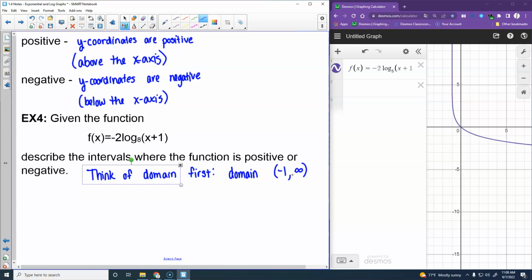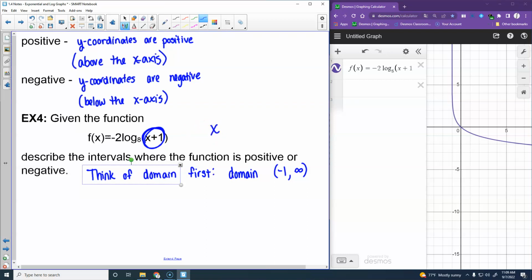I can know for sure that it is -1 because what starts giving us a problem when we're taking logs? What can we not take a log of? A negative or 0. So this stuff inside of my parentheses has got to be greater than 0. It cannot equal 0.